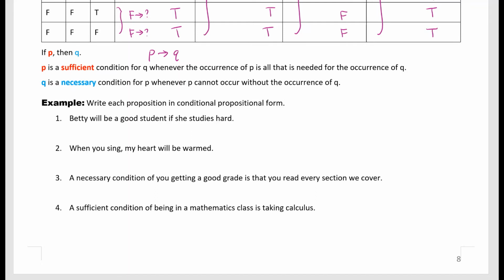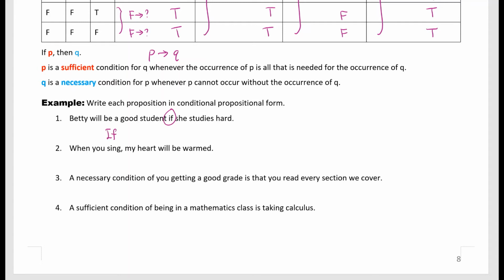Okay. All right. Example. Write each proposition in conditional proposition form. First, Betty will be a good student if she studies hard. Okay, you do see the if. So whatever proposition comes after the if, that's our P. If we change the order, we should say if she studies hard.